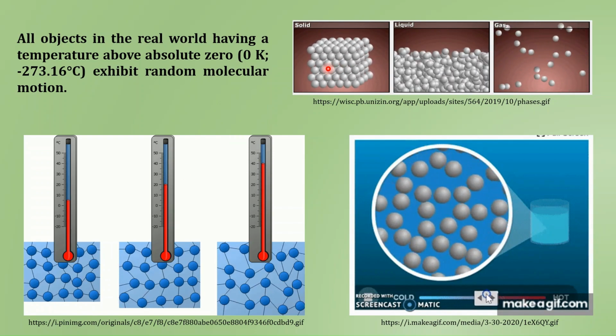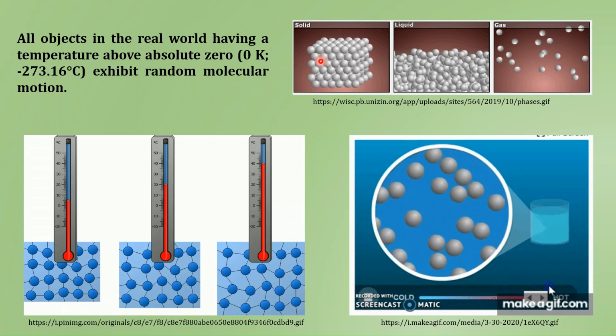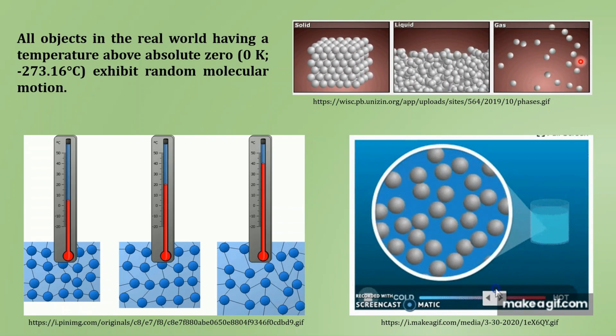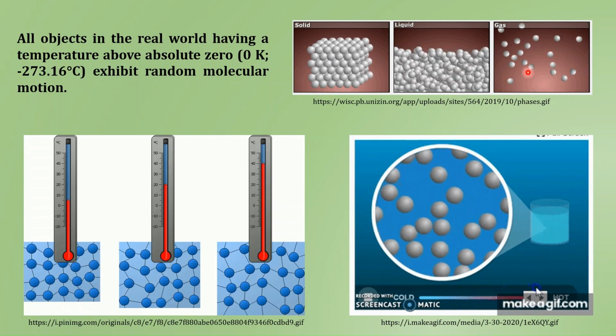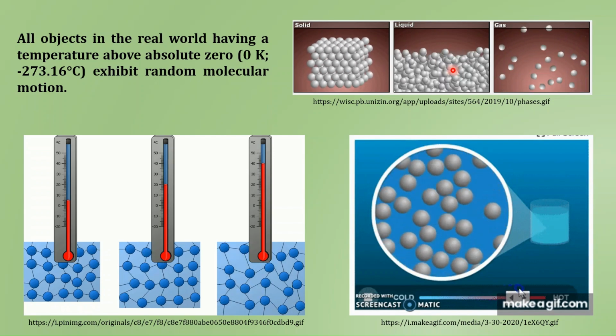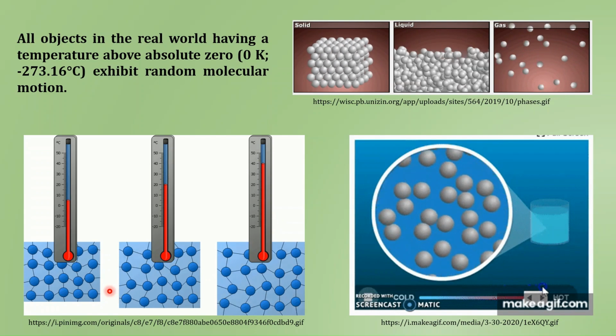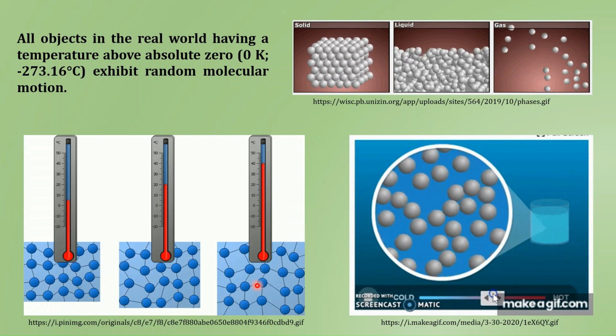As we can see in this demonstration, we have the restricted movement of the molecules in the solid medium, while in the gaseous medium we have the free unrestricted movement of the molecules, and we have the intermediate movement in the liquid medium. And within a particular medium, this molecular motion is affected by the temperature.